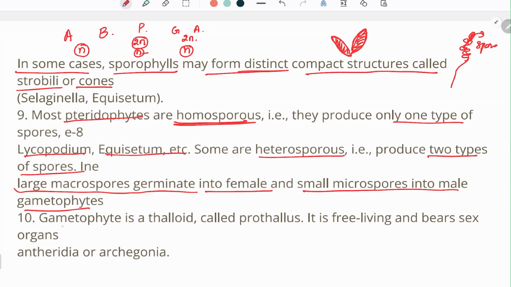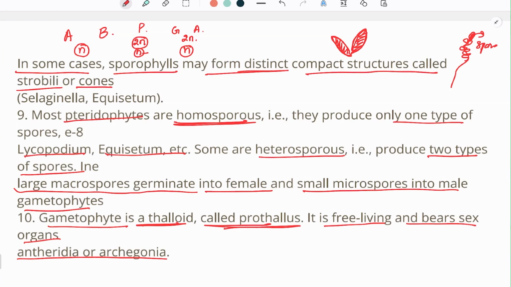So the gametophyte is thalloid, called a prothallus. Now the gametophyte is a prothallus, and it is living and bears sex organs, antheridia and archegonia. The sporophytic plant body produces spores, and the spores can be of the same type or of different types. If they are of different types, they are usually the male and the female spores.